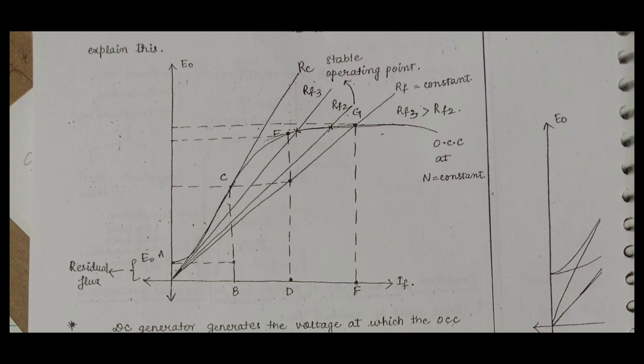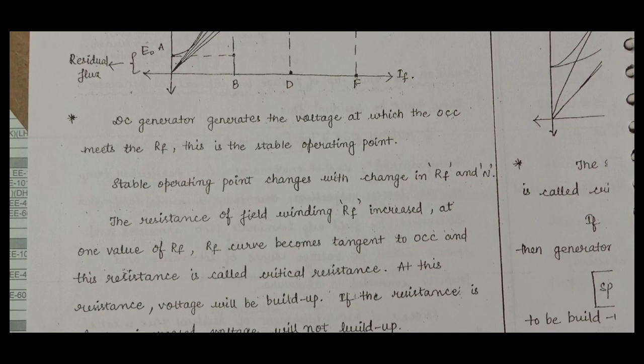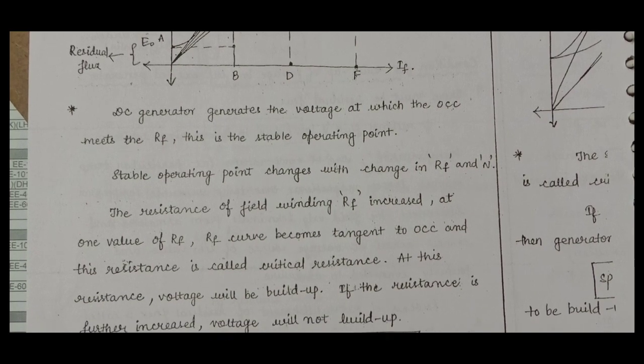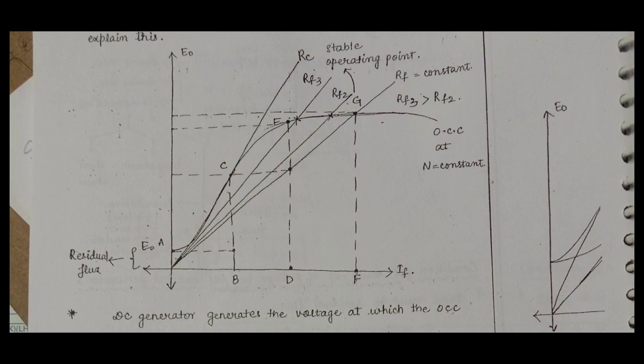Here RF3 is greater than RF2, and RC is greater than RF3. The DC generator generates the voltage at which the OCC meets the RF line. This is the stable operating point. In the figure, G is the stable operating point.